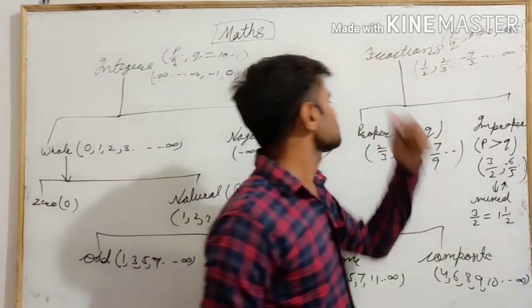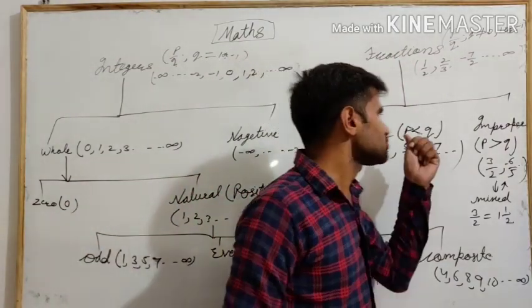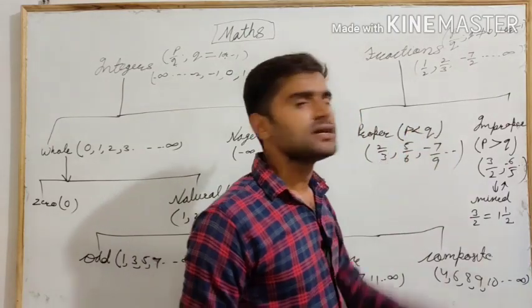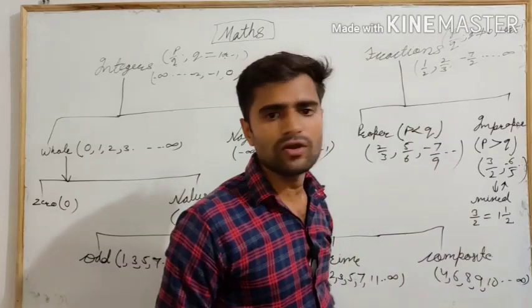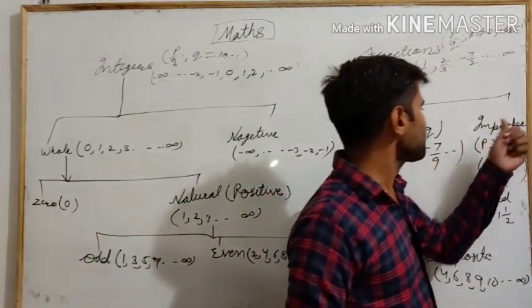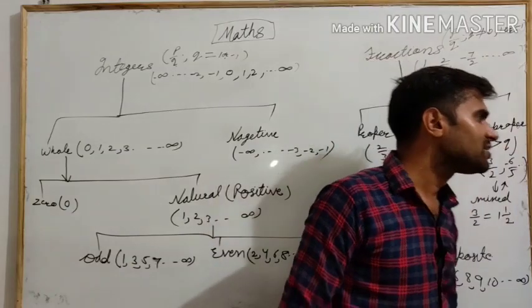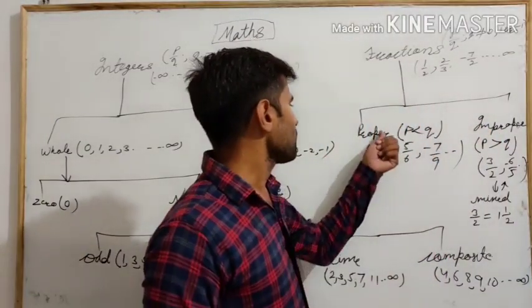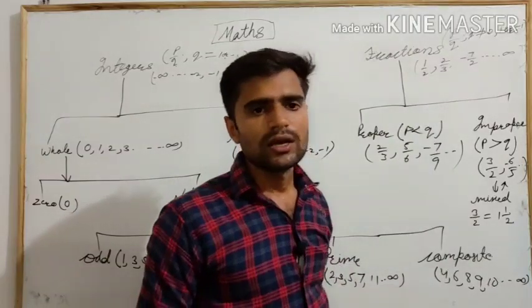And fractions have two parts, proper fractions and improper fractions. In proper fractions, the numerator is always less than the denominator. It means the value of p is always less than the value of q. Similarly, in improper fractions, the value of p is always greater than the value of q. Proper fraction examples are 2 upon 3, 5 upon 6, minus 7 upon 9.